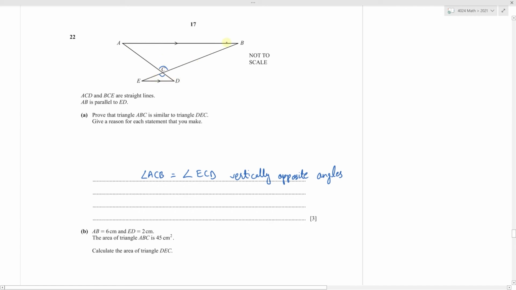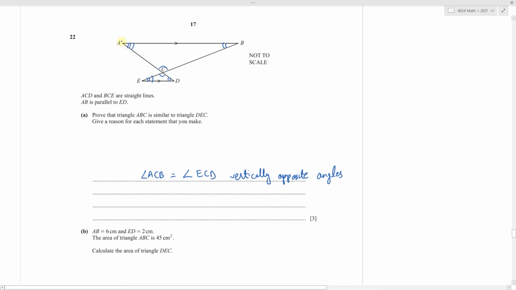And since these two lines are parallel and line EB, this line EB is passing through these two parallel lines AB and ED, so this means these two angles are alternate angles and they should be equal. So this angle should be equal to this because they're alternate angles, and this angle should equal to this because they're also alternate angles.